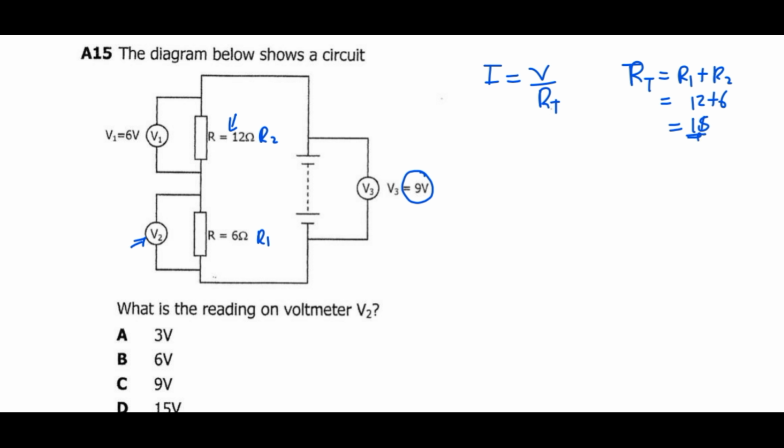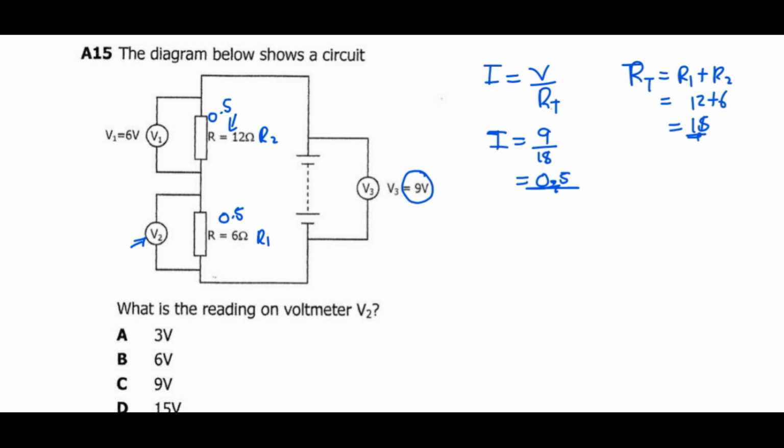To find current, voltage will be the total, 9 over 18. We know that this will give us 0.5. So the total current is 0.5. So here we have 0.5. Also here we are going to have 0.5, because the current is equal whenever a circuit is connected in series.